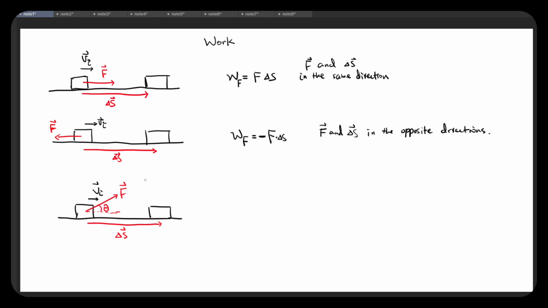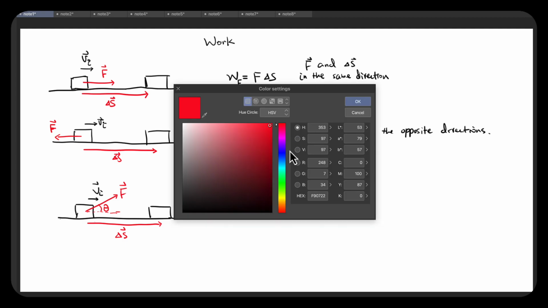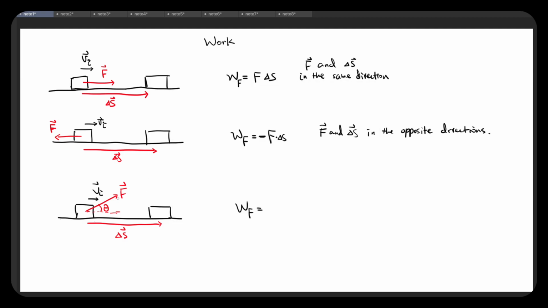Now how do we specify that? It clearly should have some difference from the previous two cases. So how can I define that? It turns out that I can decompose this force into two directions.